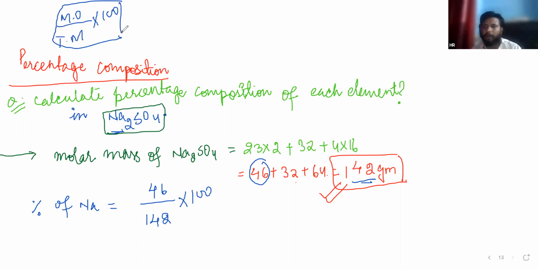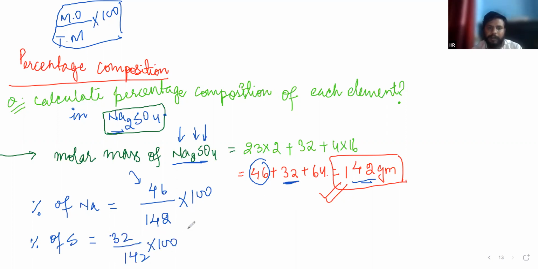So for the percentage composition of sodium, sulfur, and oxygen: sodium is mass of sodium divided by total mass of compound into 100. Sulfur is 32 divided by 142 into 100. And oxygen is 64 divided by total mass 142 into 100. You can easily calculate it.